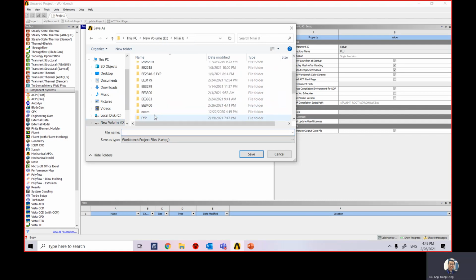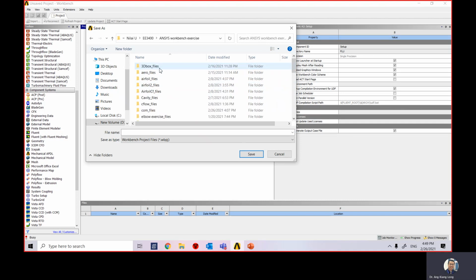So we will save our project as species transport simulation, as our Workbench project file. You can name it anything as long as you're able to find the file later on.